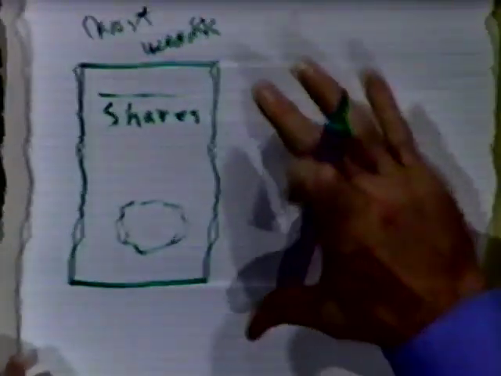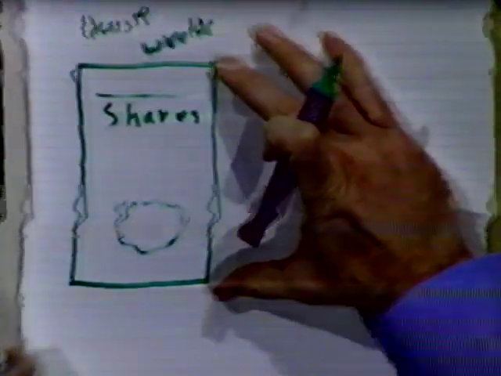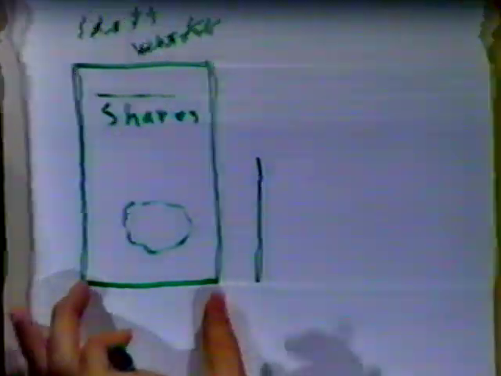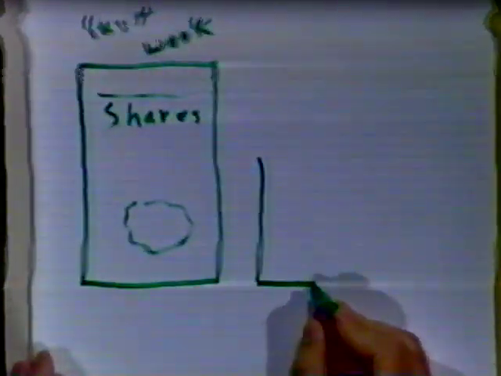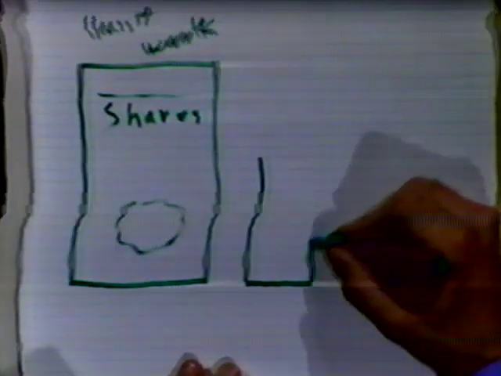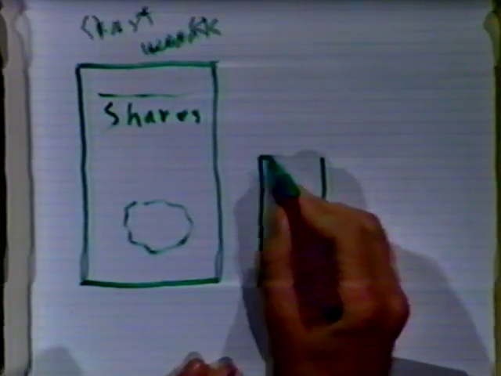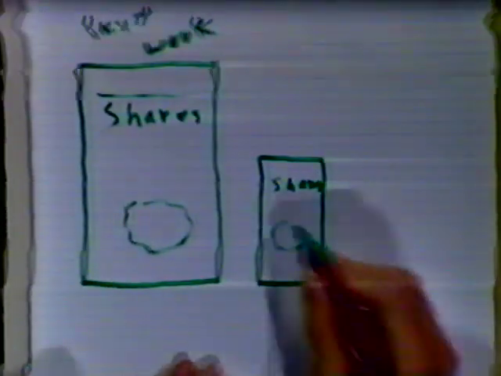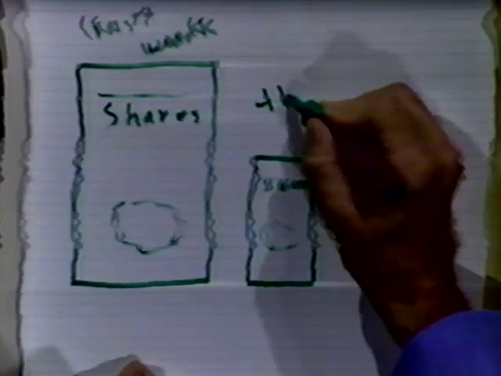Now what it might be tempting to do is to take this length here and cut it down to half, like that, and take the width here and cut it down to half, because we dropped from 100 to 50. So we're cutting this box down in half. So now we put the things here to make this look like shares again, etc. And this would be our representation for this week.